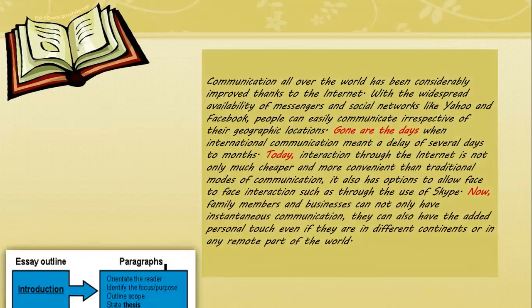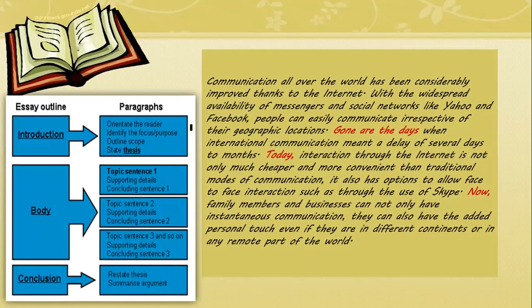Now this is a body paragraph, and rather than reading it, I'll just be highlighting things. You can see the smart starting: communication all over the world has been considered improved thanks to the internet. Look at the strong use of the language. Look at this connective: gone are the days when international communication meant a delay of several days.